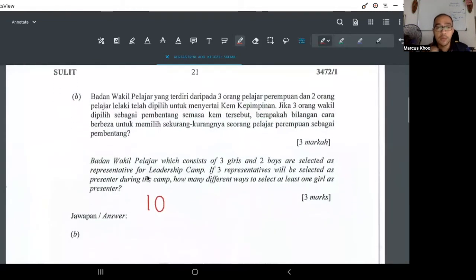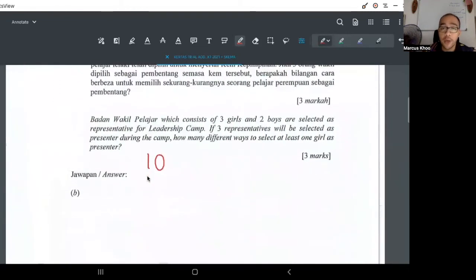Badan Wakil Pelajar, which consists of 3 girls and 2 boys, are selected as representatives for the leadership camp. Now, if we select 3 representatives, how many different ways to select at least 1 girl? At least 1 girl means you need to consider different cases: 1 girl, 2 boys; 2 girls, 1 boy; and all 3 are girls.